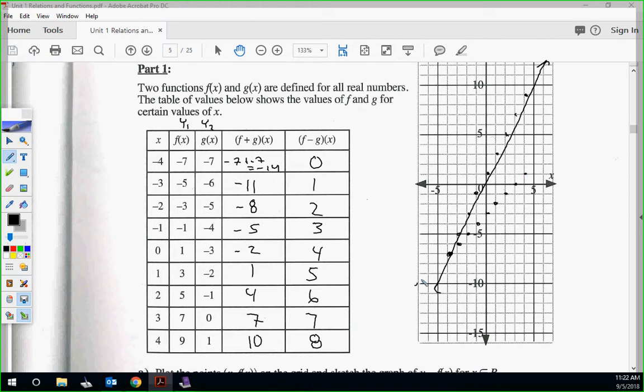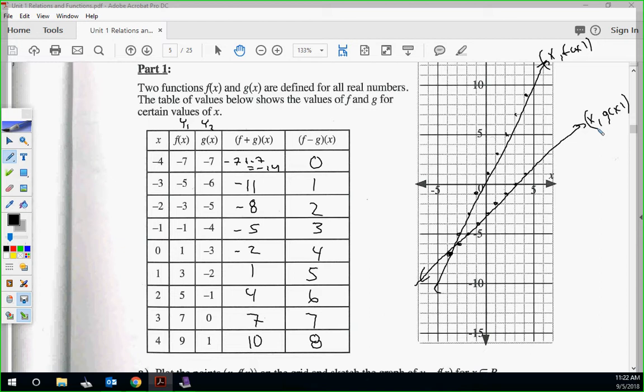Here's this one. I'll label this one for you. This is x, f of x. This is x, g of x. Just plot those points. Those are all given.